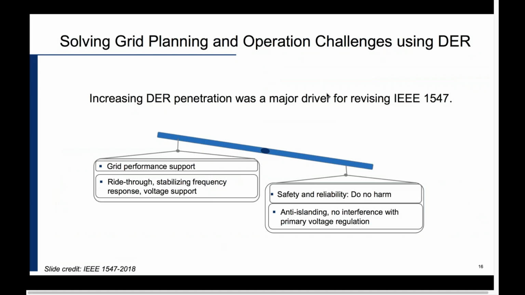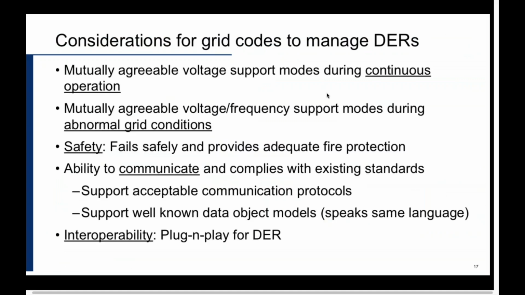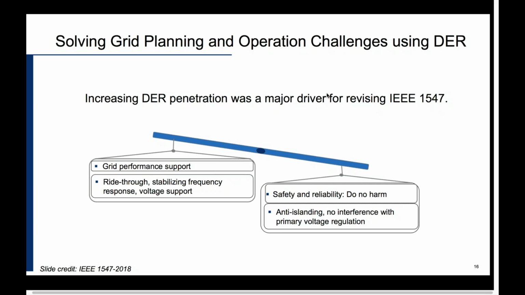The basic expectation out of DERs in the real world is to be a good citizen, which means these devices should be able to provide some local service just to keep the grid from failing or keep the voltage within its acceptable limits.